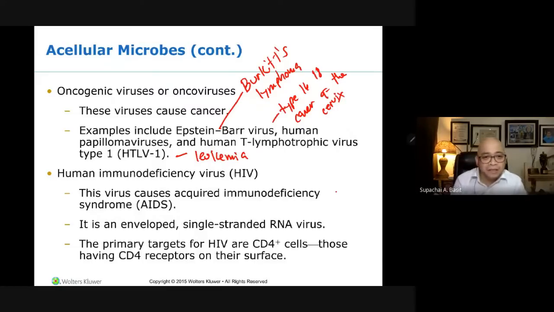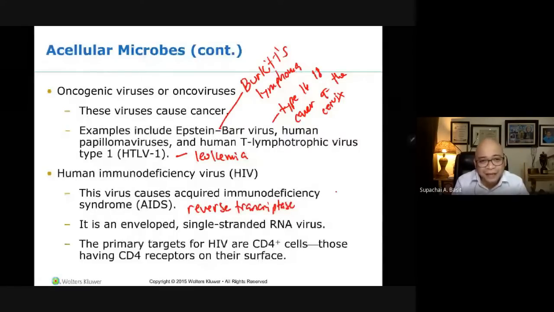Okay. So another example of an important virus is the HIV, the virus that causes AIDS or acquired immunodeficiency syndrome. It is an enveloped single-stranded RNA virus, and I think I've already mentioned the term reverse transcriptase, the enzyme that allows the RNA to code for the complementary DNA.